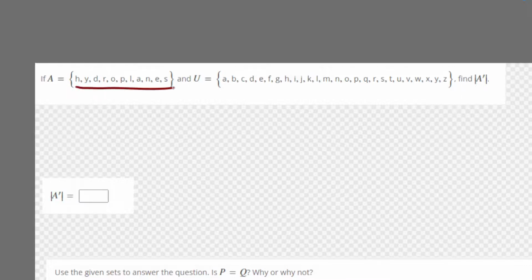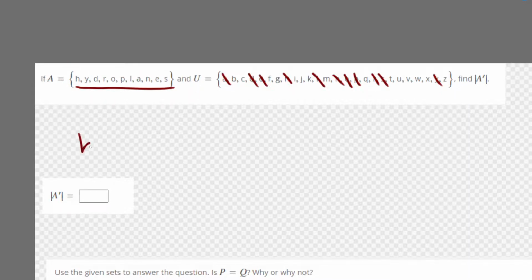So we can see in set A, we have H, so we can cross out H in this one. Y, cross out Y. D, R, O, P, L, A, N, E, S. And so our A prime, the cardinal number of our new set, when you see this prime thing, this little 1, that means that it's asking for the rest of the universal set that doesn't include our original one.